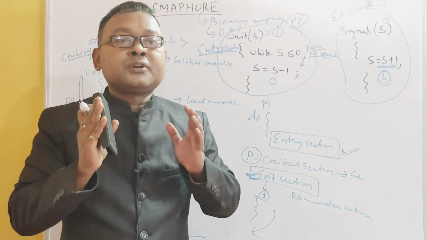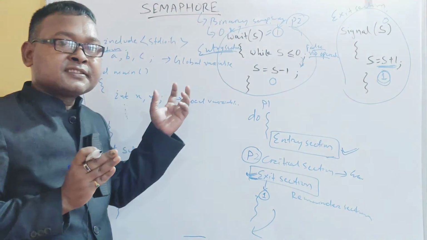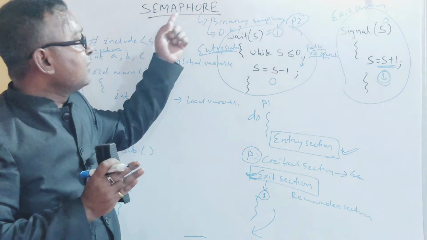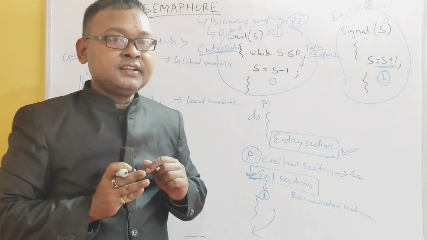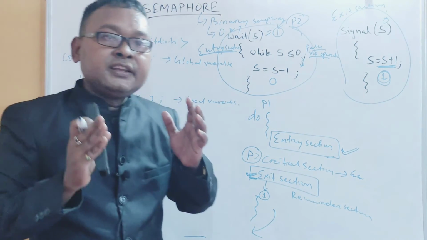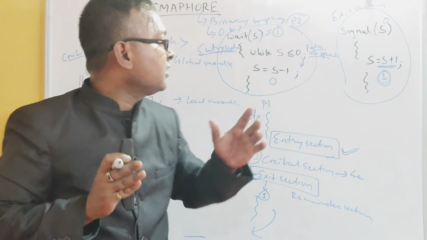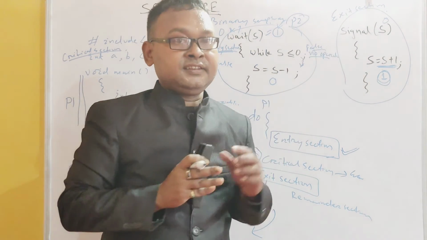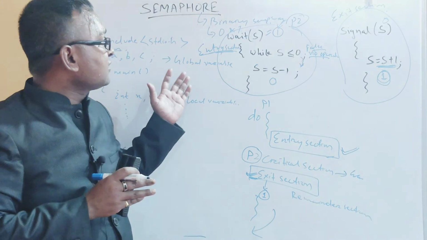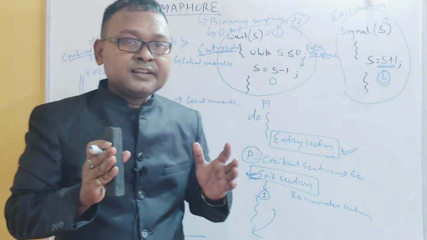So the critical section problem solution is given by the semaphore. Semaphore is nothing but an integer variable which works with two atomic operations, wait and signal, right? So I hope you understood the binary semaphore in a very clear manner.